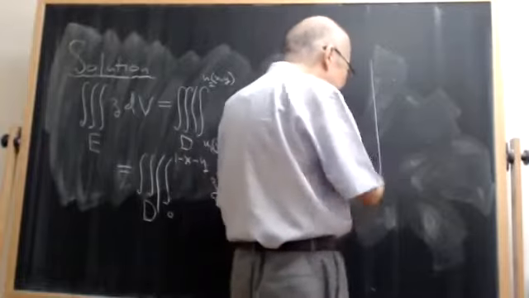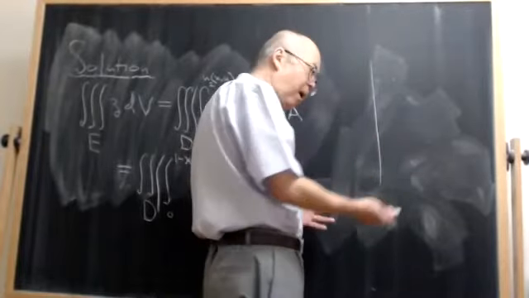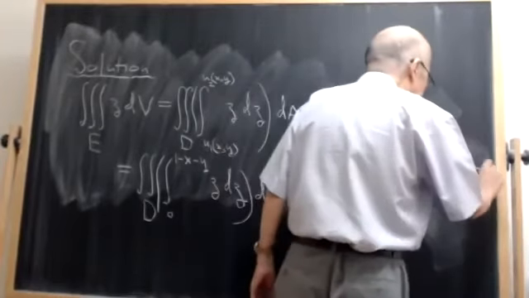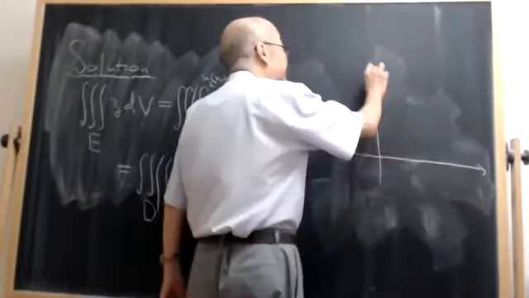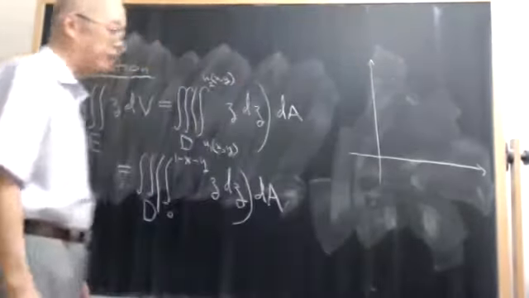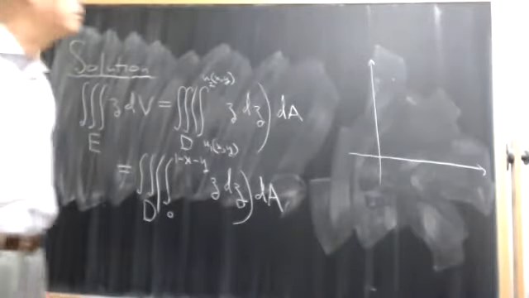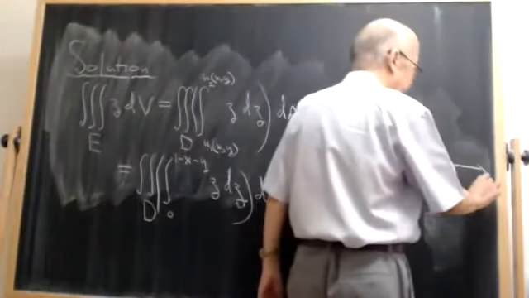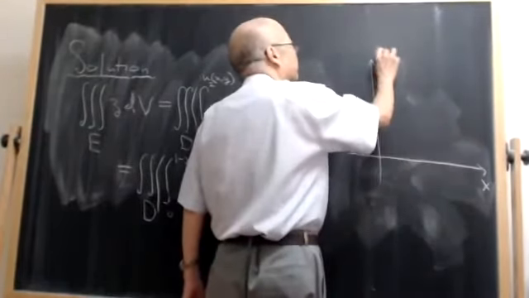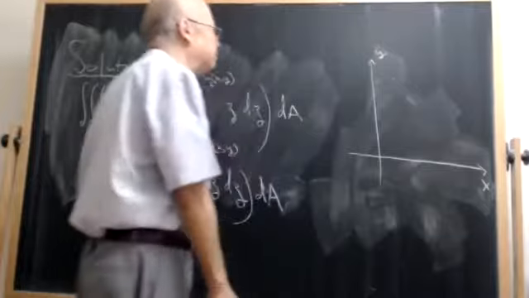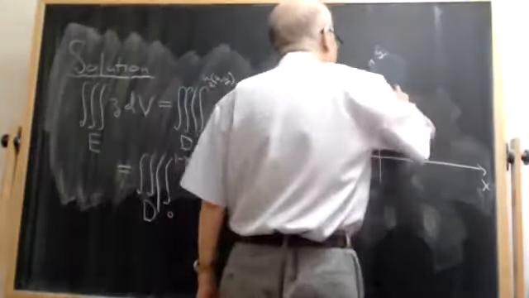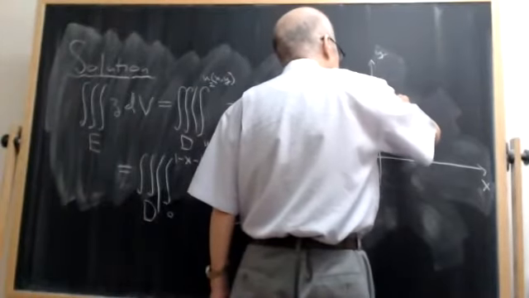So now I am going to move things around and put the region D in the proper position. Okay. And we have a triangle like this.